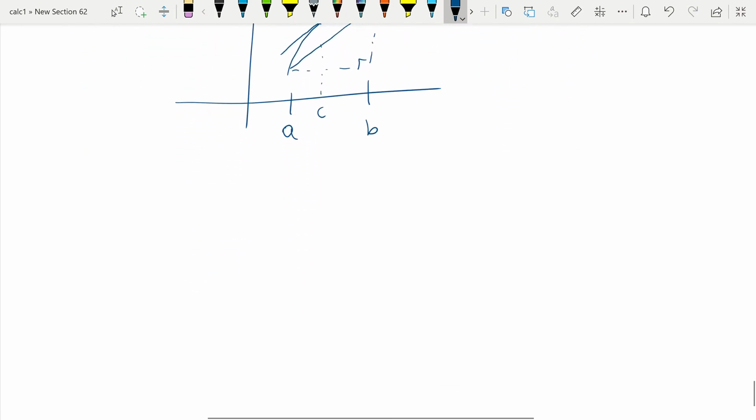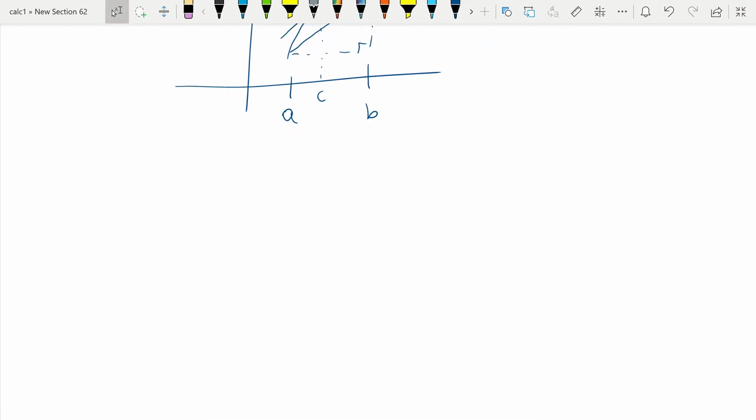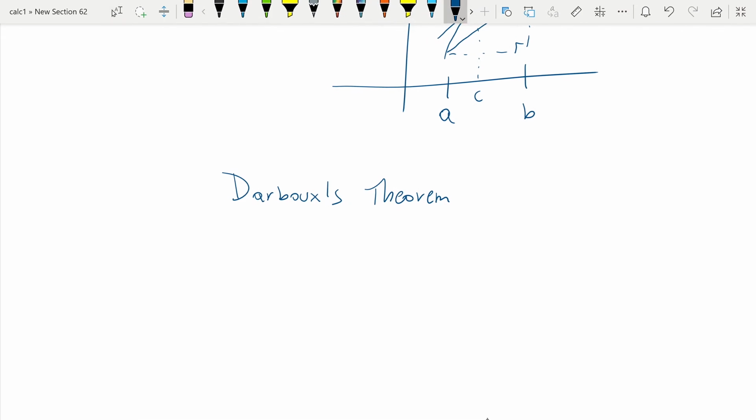But the kind of surprising property is Darboux's theorem, theorem 5.2.7.